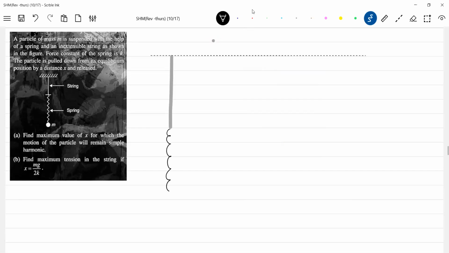Then this will be a spring. This will be the natural length of the spring. Let me, for our convenience, write it. So this is X naught. So now Kx naught equal to mg.